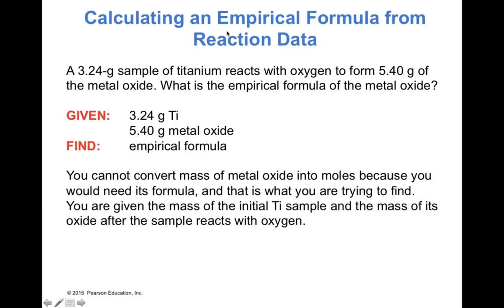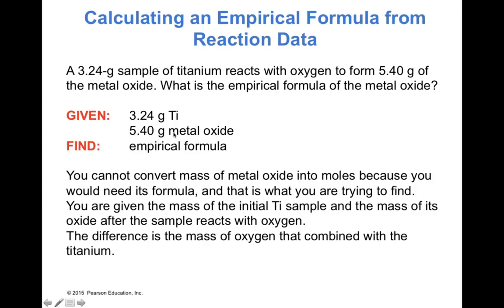So the total mass of the reaction of titanium with oxygen is 5.40. If we subtract 3.24 from 5.40, we're going to have the mass of oxygen, because this metal oxide is the combination of the mass of oxygen plus the titanium. So if we subtract the mass of the titanium, we get the mass of the oxygen.